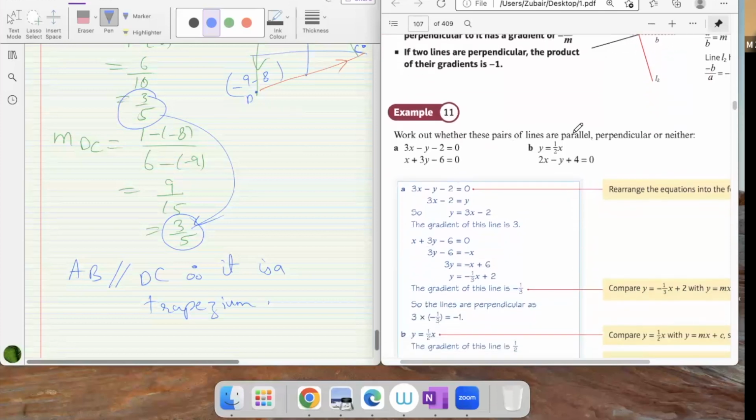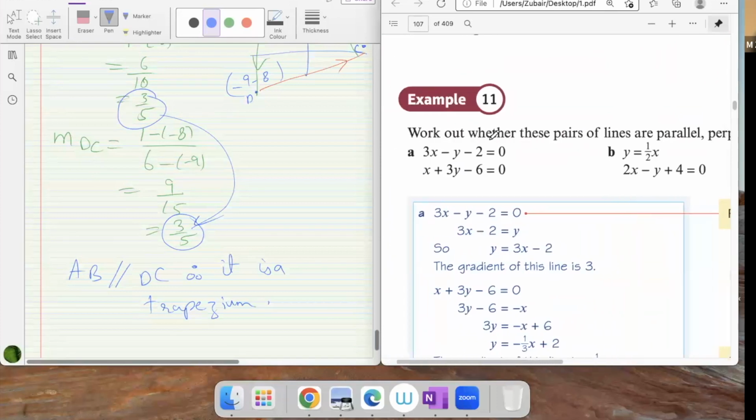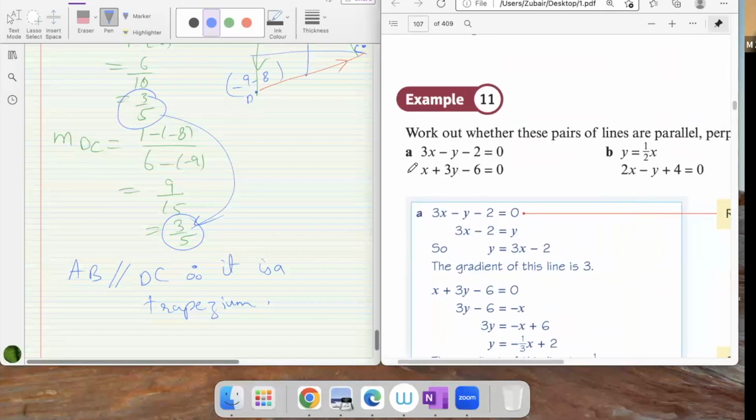Now it says work out whether the lines are parallel, perpendicular, or neither. Please solve these two examples, A and B. First with A, are they parallel, perpendicular, or neither?